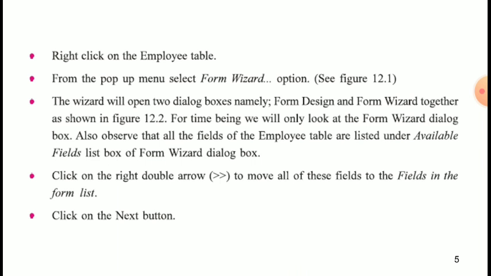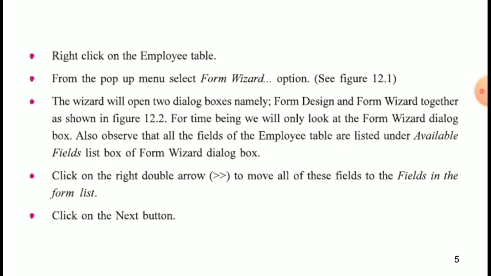See figure 12.1. The wizard will open two dialog boxes, namely form design and form wizard, together as shown in the figure. For the time being, we will only look at the form wizard dialog box.